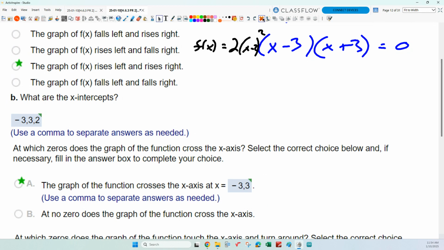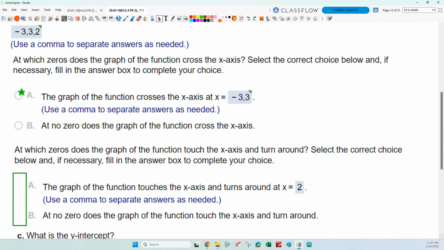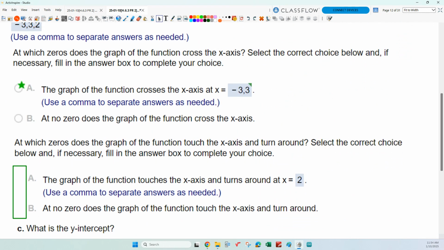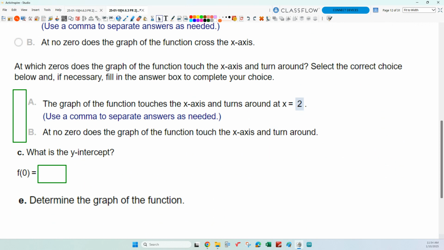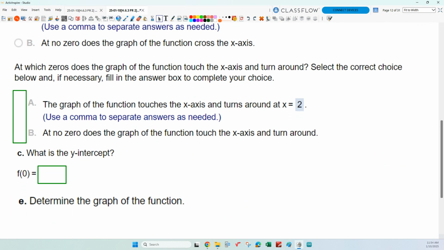Because those are the multiplicity 1. Where does it touch and bounce? At 2, right? Because that has degree 2. Okay? Perfect. Okay, that's a good place to stop.